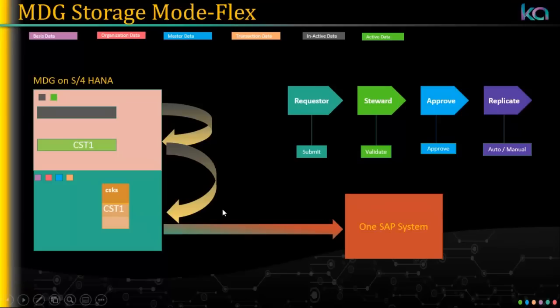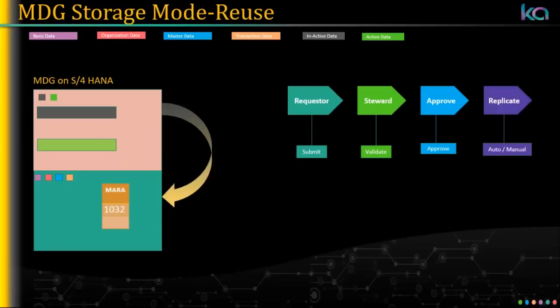If we are taking reuse storage mode, after approval, the data will be deleted from the active area of MDG. There won't be any data here. Here also there won't be any data. But the data will be only available in the MARA table.